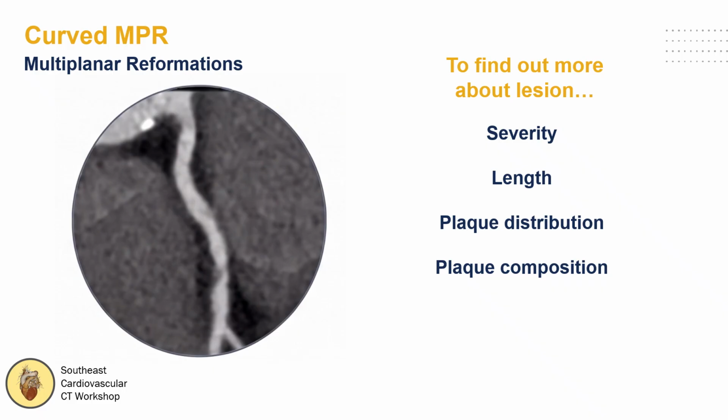Curve MPR is probably one of the most important tools for PCI planning. By following the vessel center line and unfolding the artery into a single plane, we can accurately assess stenosis severity, lesion length, plaque distribution, and plaque composition. This is also extremely helpful for identifying landing zones and estimating stent length.